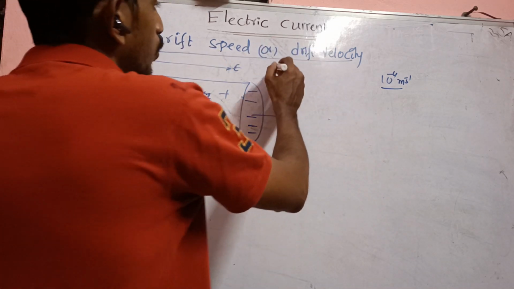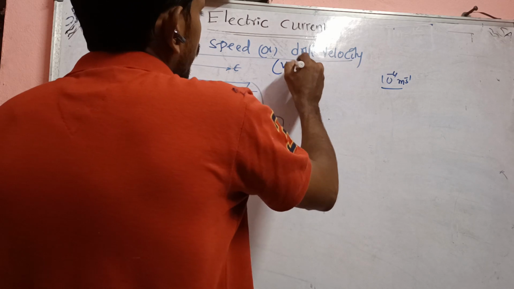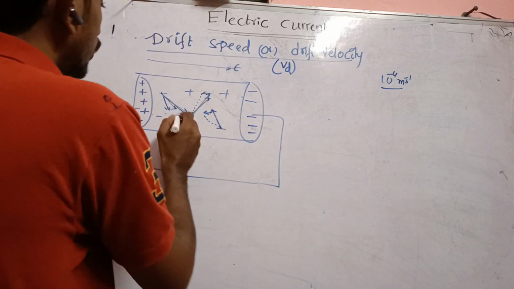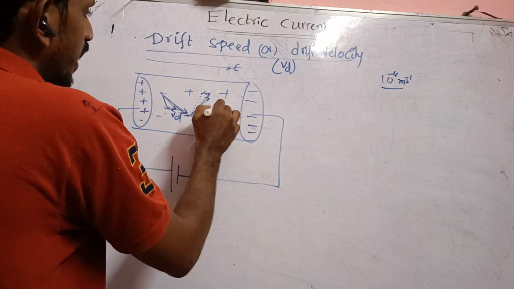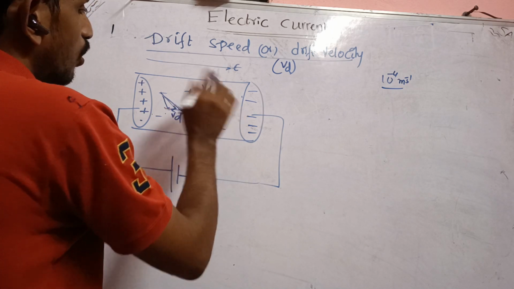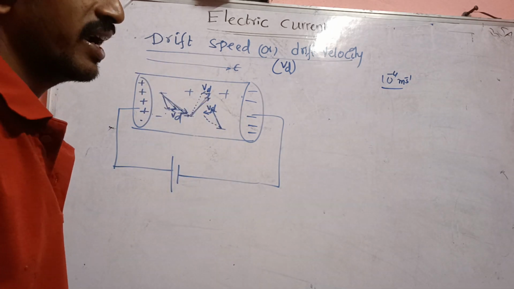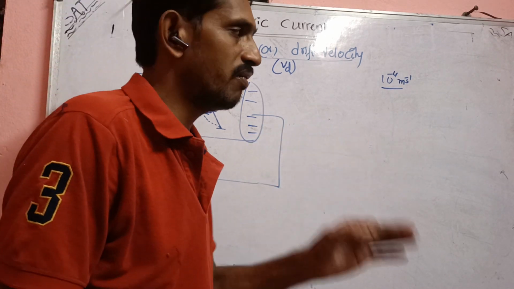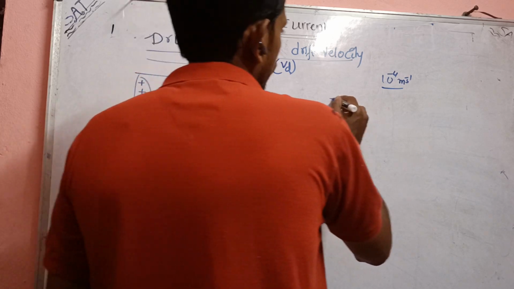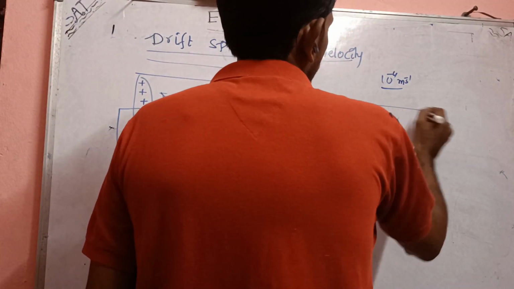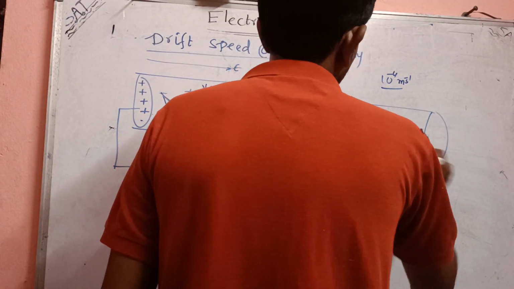The drift speed I want to indicate as Vd. So this is drifted like this with speed Vd, this is drifted Vd, and Vd. If you find the average of all these speeds, we get the drift speed of the electron. Now I want to calculate. For example, again I have taken a conductor.